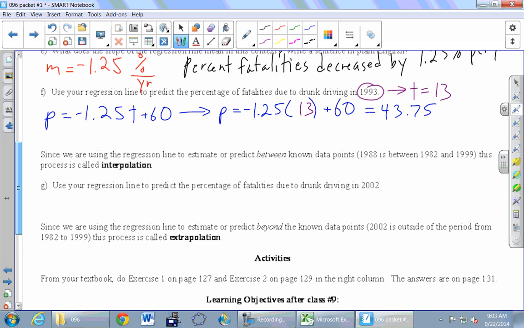Okay, let's do the same thing, but for 2002. Using the equation, not the graph, but the equation. Yeah, so 2002 is really 22 for us, right? 1980 was the 0 mark. So that means that 22 goes in there.